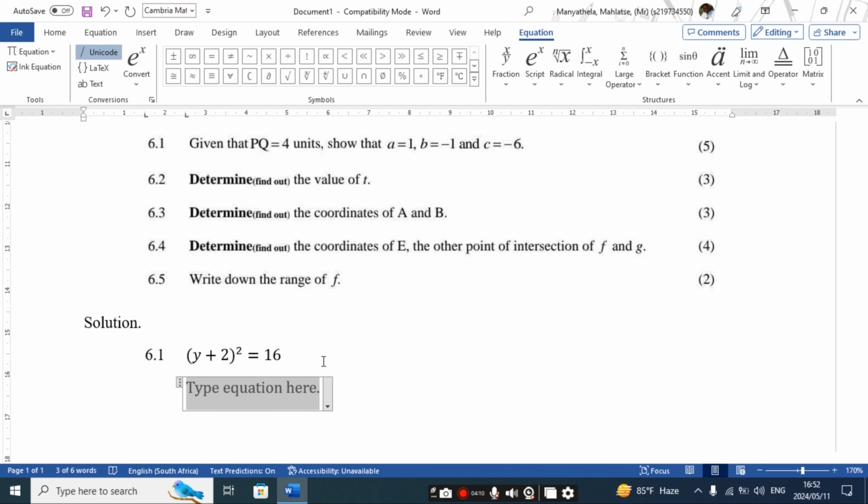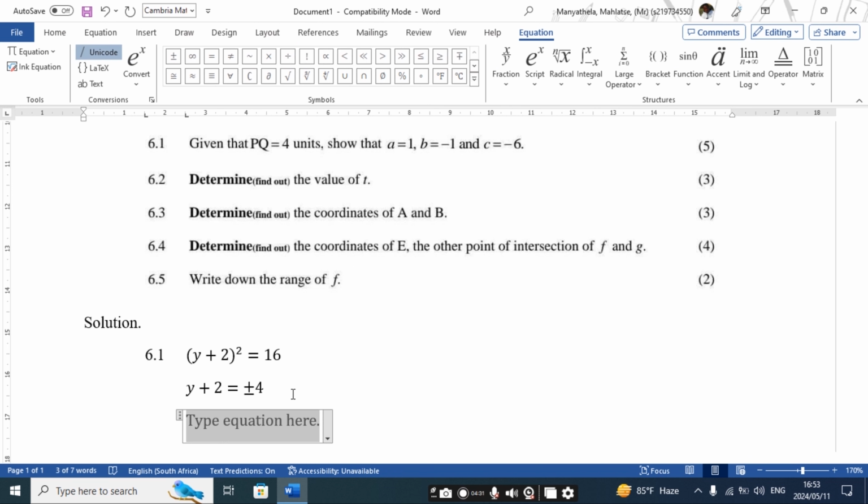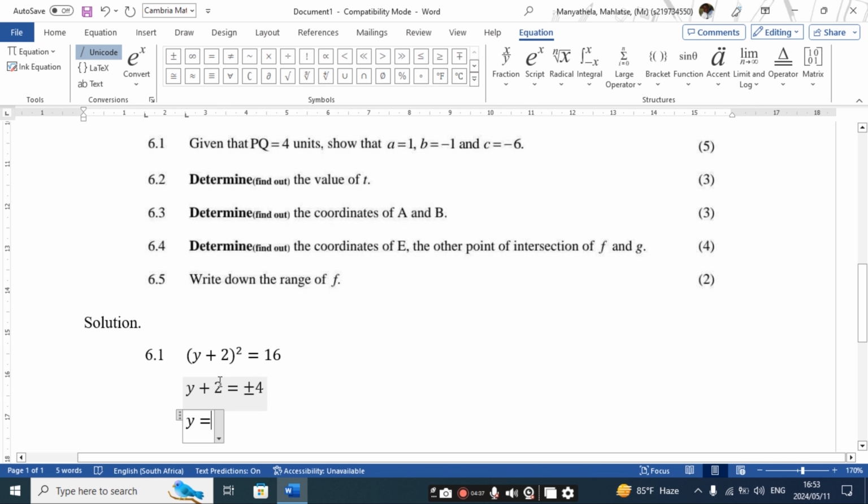So if we take the square root on both sides, we are going to have y plus 2 equal to plus or minus the square root of 16, which will be plus or minus 4. And then let's take 2 across to solve for y. So y will be equal to, it comes as positive, it crosses the equal sign, so it will be -2 plus 4, or y will be equal to -2 minus 4.